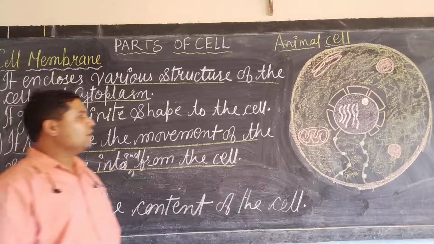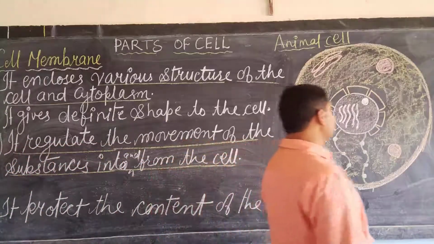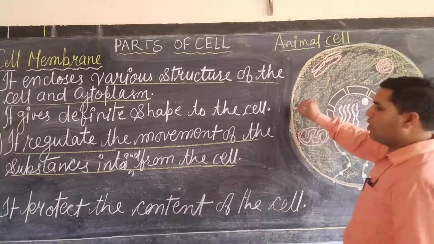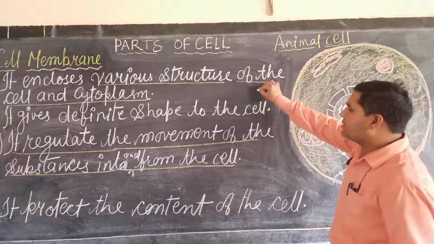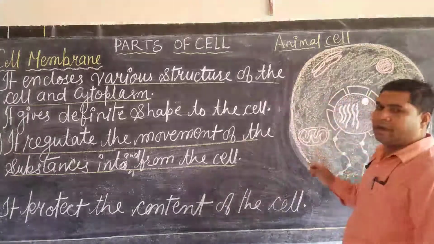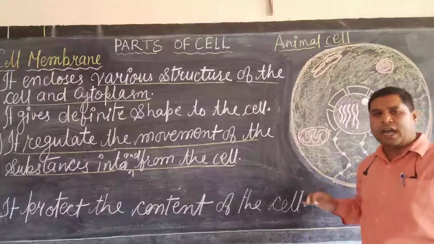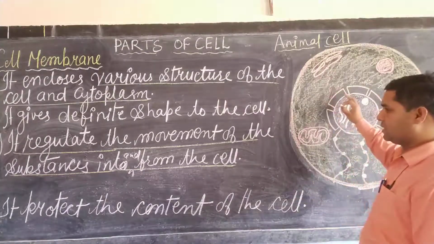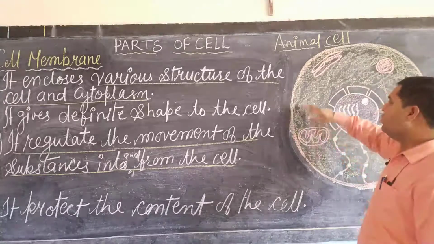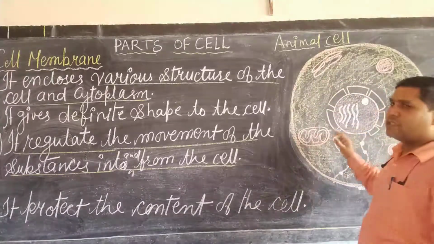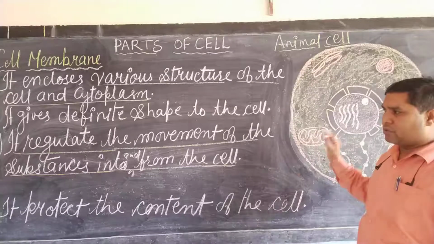Dear student, one important function of the cell membrane is that it allows only those substances or materials to enter the cell which are essential for its function, and removes those materials which are of no use.